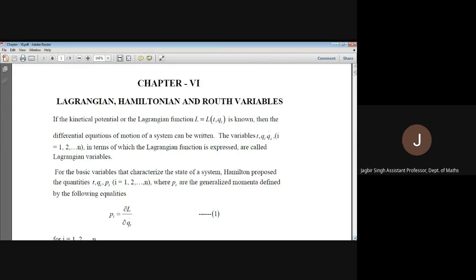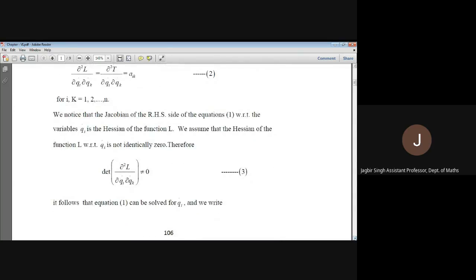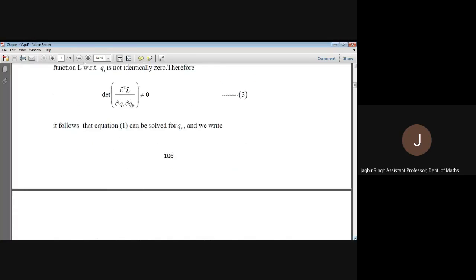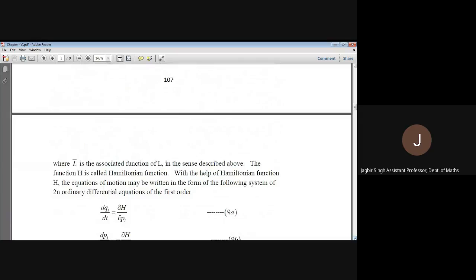Hamilton proposed the new one that the quantities will be T, Qi and Pi, where Pi is termed as the generalized momenta, and Pi should be the partial derivative of L with respect to Qi dot. Okay, and the most important condition is that determinant of curly 2L by curly Qi dot and Qk dot should be non-zero. Okay, after that the Hamilton function is defined, and then Hamilton canonical equations are stated with terms.